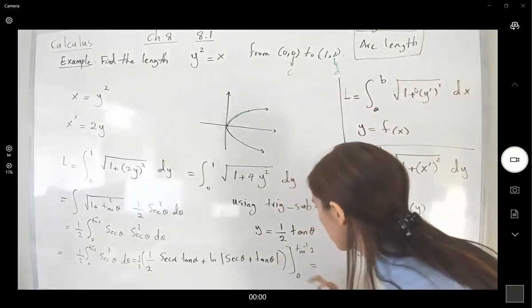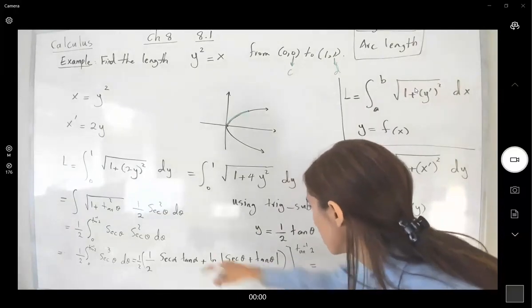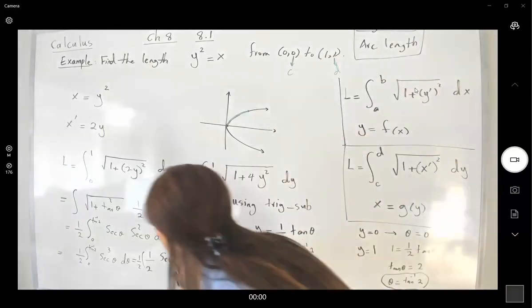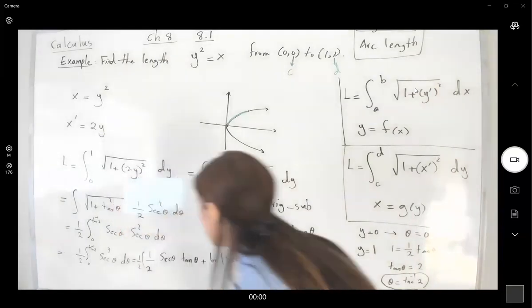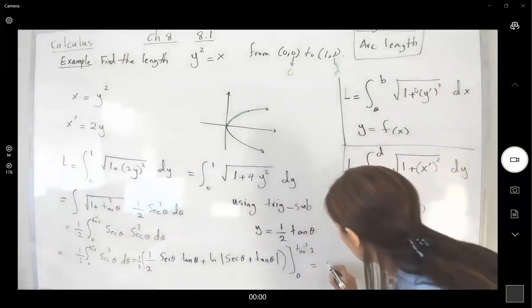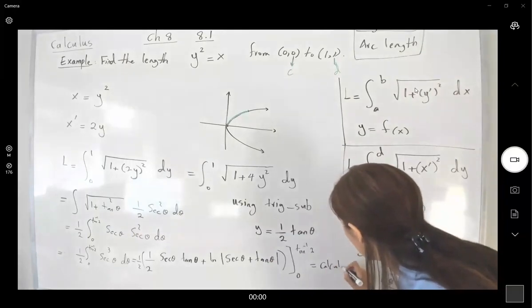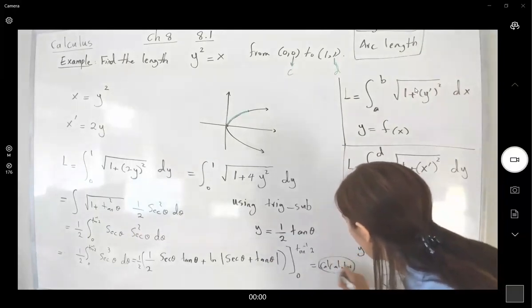Use the calculator to calculate the rest, and substitute this theta. We don't need alpha. Calculate the length for you.